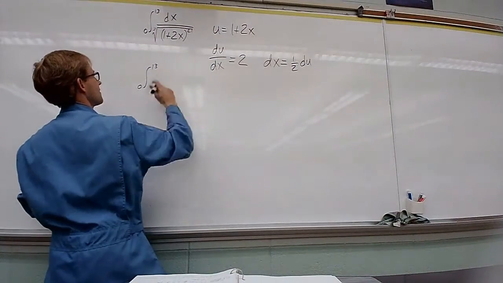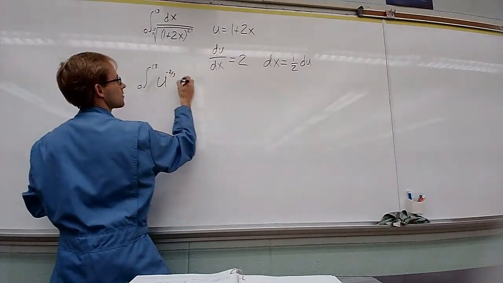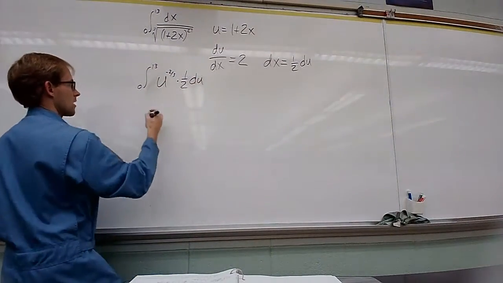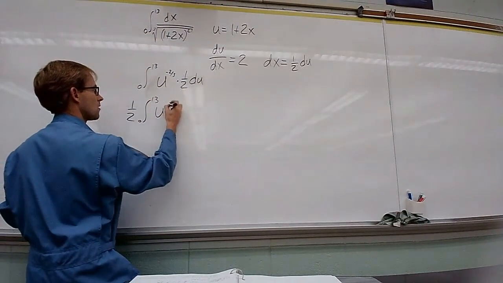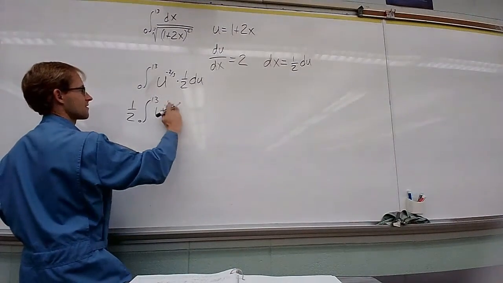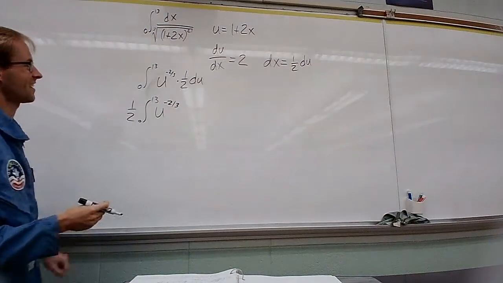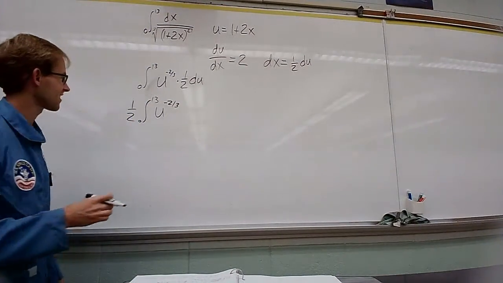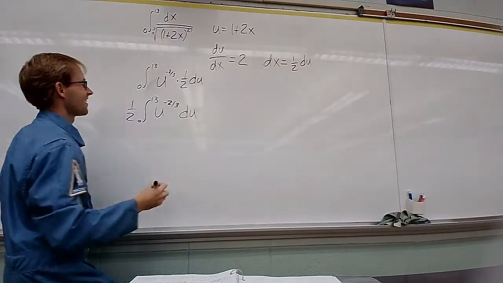So 1/2 is going to come out in front, u to the negative 2/3. Maybe I should do decimals for this. u to the negative 0.66666. See, that's why fractions are better.